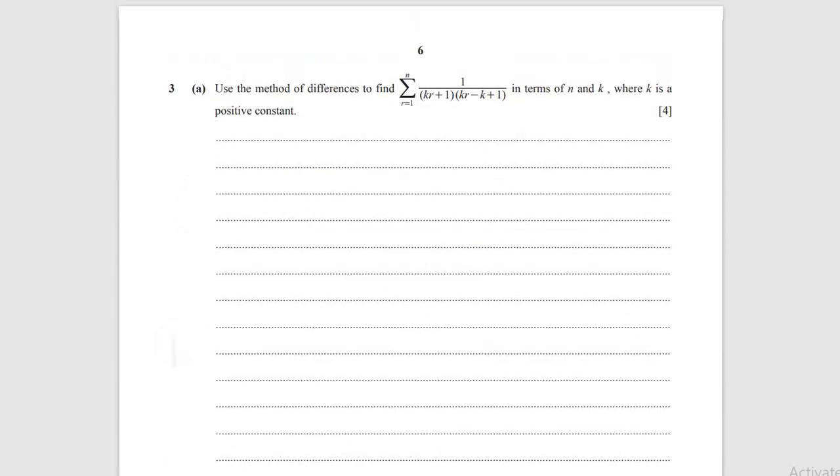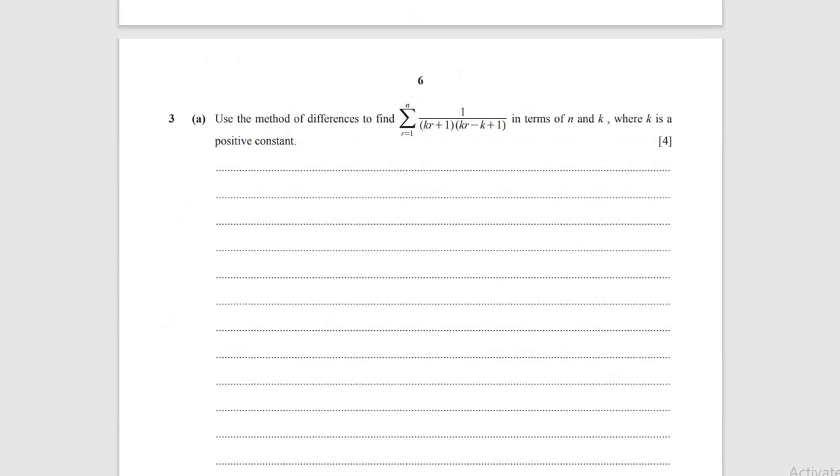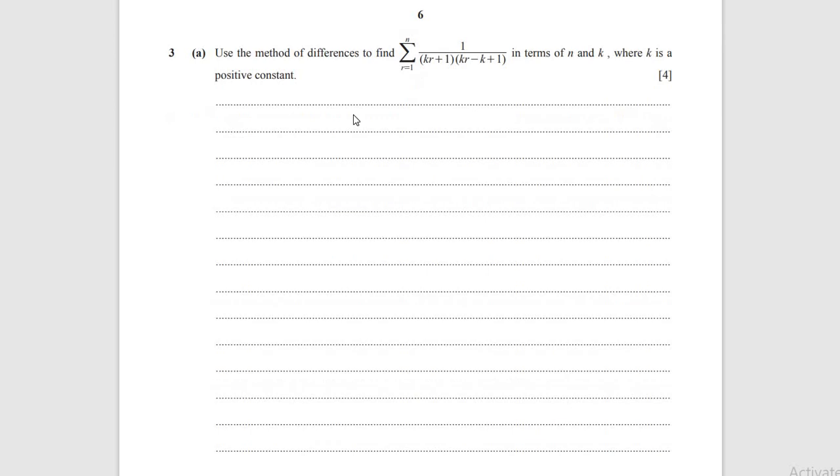Now number 3 question. Use the method of differences to find this summation in terms of n and k, where k is a positive integer. Okay, from here, you need to resolve the expression using partial fractions.